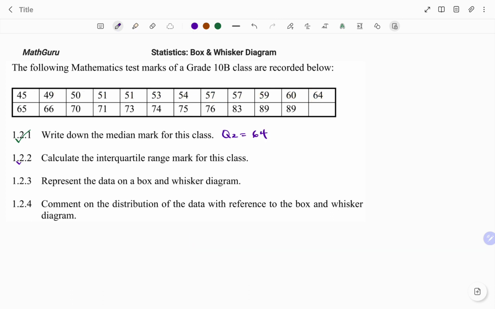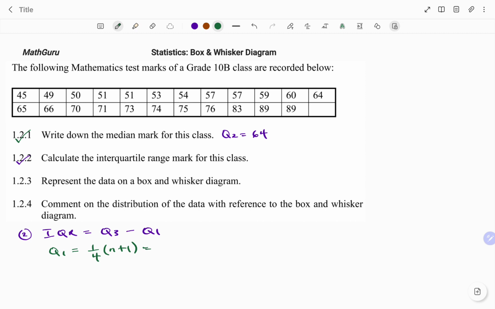For the second part of the question, we have to calculate the interquartile range mark for this class. To find the interquartile range, the formula is interquartile range, or IQR, equals my Q3, that's the third quartile mark, minus the Q1, which is the first quartile. I'm going to use the same method in finding the mark in the position of Q3 and Q1. Starting with my Q1, the first quartile, the position will be 1 over 4 of n plus 1.